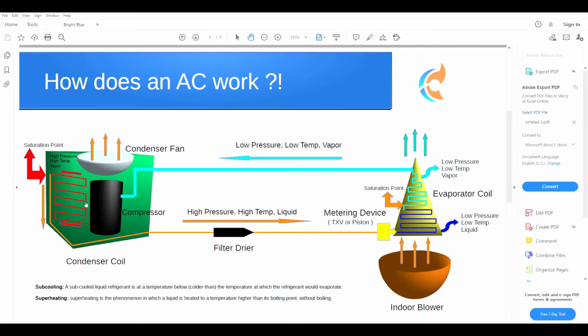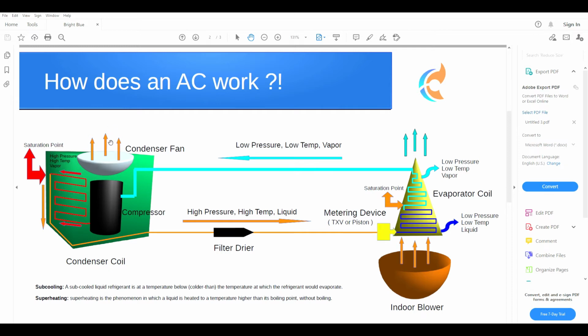As the refrigerant travels through the condenser coil, this condenser fan is taking in the ambient air, pulling it in through the condenser, and as it passes through the condenser, it's going to absorb a certain amount of heat from the refrigerant in the coil, and then reject it out through the top.